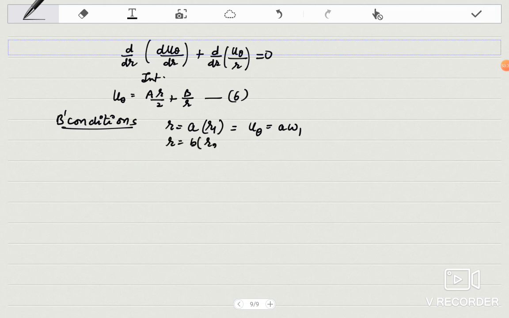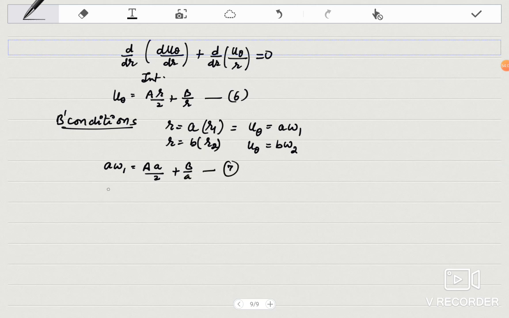I am writing a and b because in some books they have assumed it to be a and b. Otherwise you can take r2 or b omega 2. So these are the boundary conditions. You put in 6, you will get a omega 1 is equal to A a upon 2 plus B upon a.